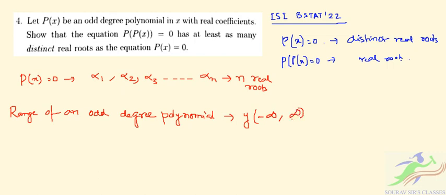So this shows that the graph must cross the x-axis at least once.